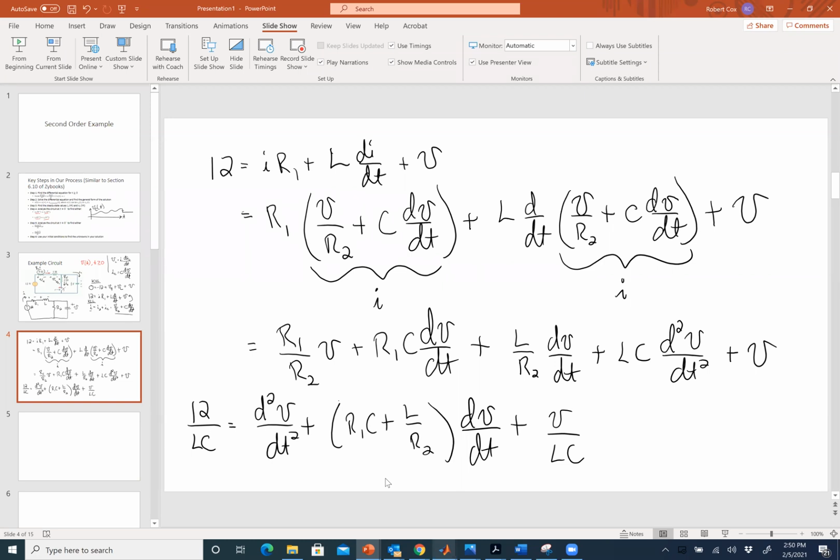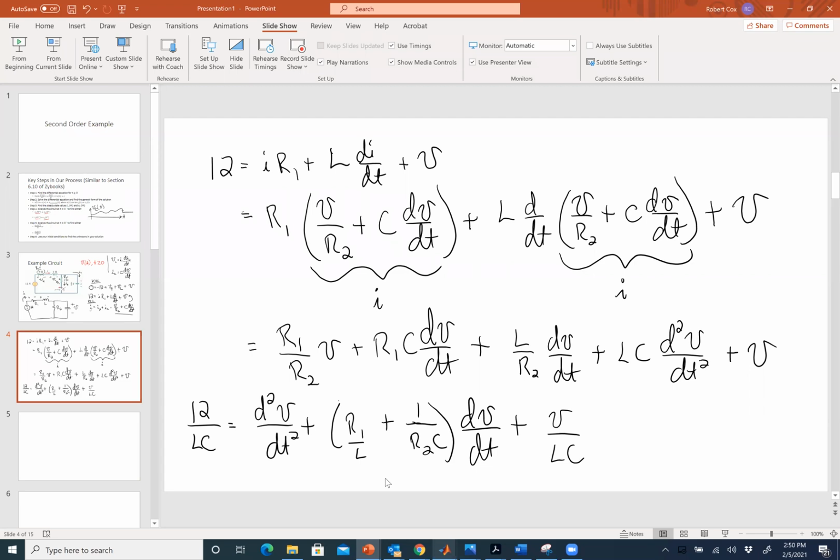You forgot divided by LC. And I didn't divide by LC in this guy. So this guy's going to be R1 over L and 1 over R2C. That's what that simplifies down to.